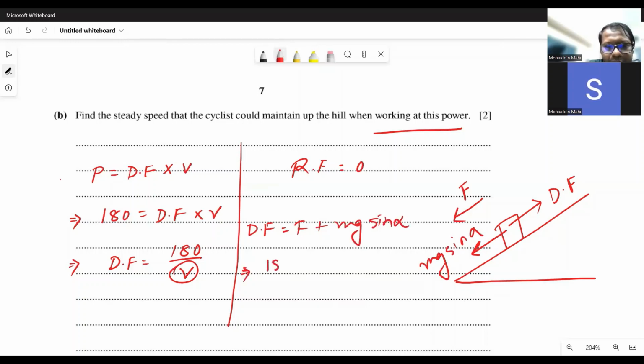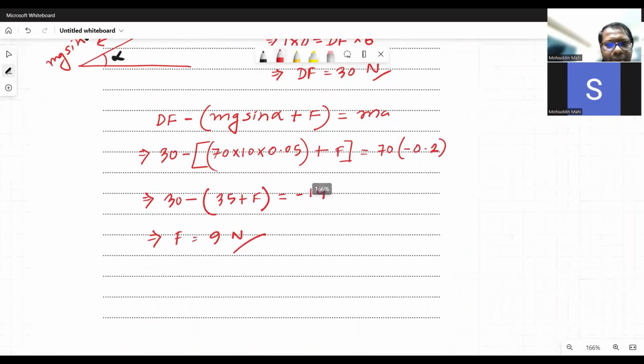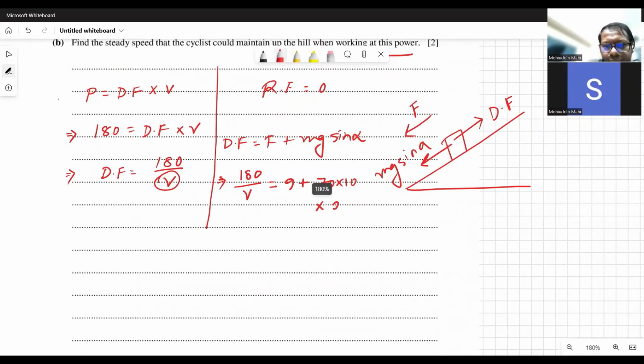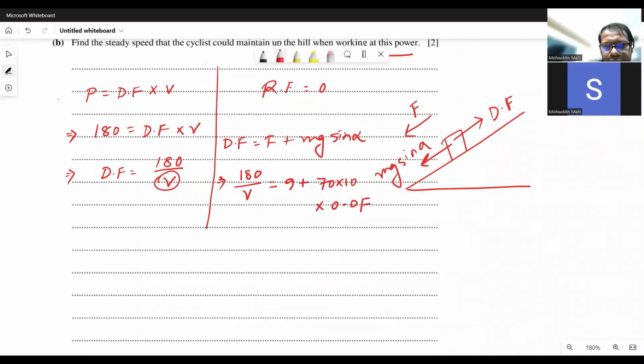Driving force is 180 by V. Resistive force we have found out as 9 Newton in the previous question. Mass was 70 kg, so 70 into 10 into the value of sine alpha, which was 0.05. So from here, make V the subject.